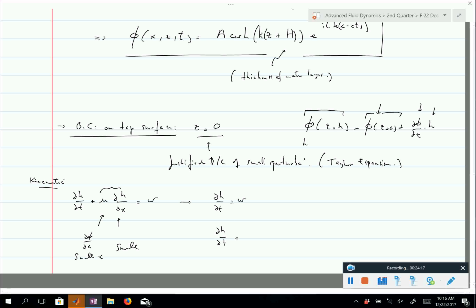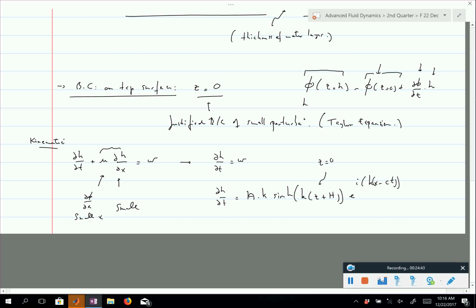So w is a times k hyperbolic sine of k(z plus h), but here we are at z equals 0, times exponential i(kx minus ct).